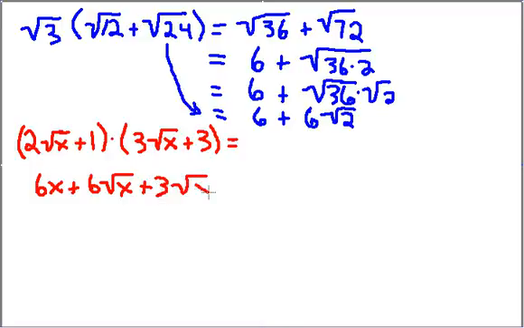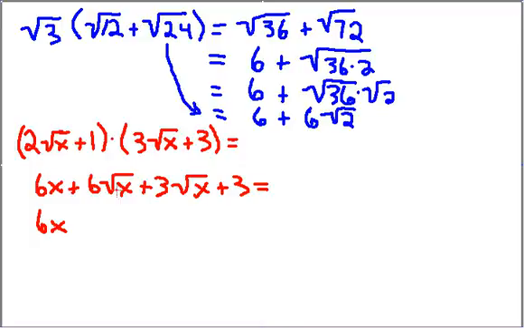And lastly, 1 times positive 3 is positive 3. Now let's combine like terms. Do we have any other terms that have an x to the first degree? No, we don't. So we're going to rewrite that as 6x. There's nothing else to combine it with.